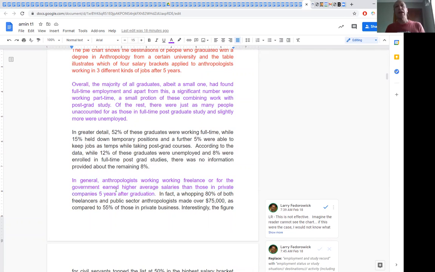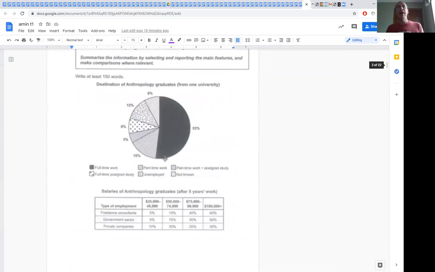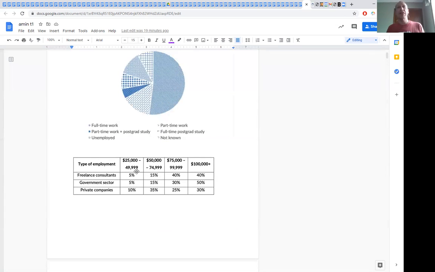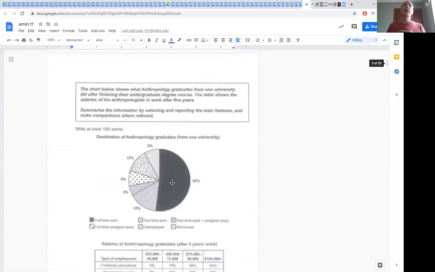So notice in the table, I only talked about higher, because if they're higher, the other one's obviously lower. And I'm talking about average salaries, because the average is a good number to use: when you have more people in the higher brackets, it's a higher average salary, right?